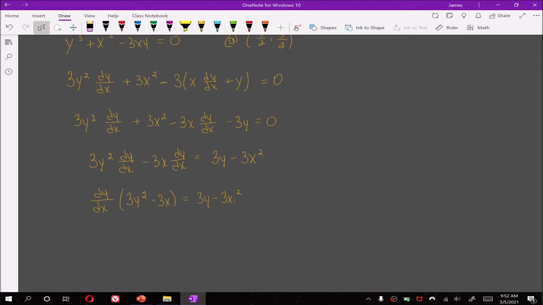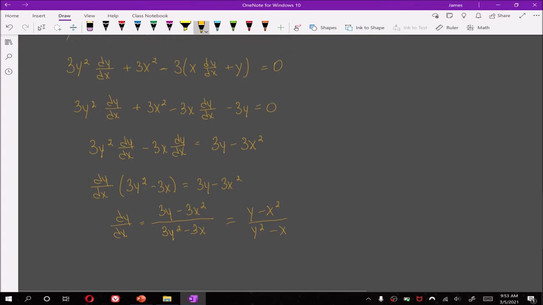And finally, we can divide by that 3y squared minus 3x. Notice that both the numerator and denominator have a common factor of 3, so we can also cancel out the 3's and have y minus x squared over y squared minus x.